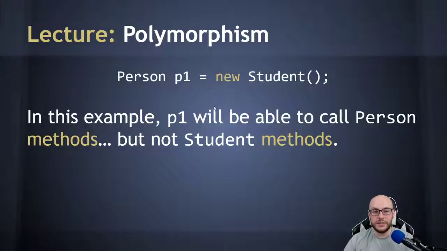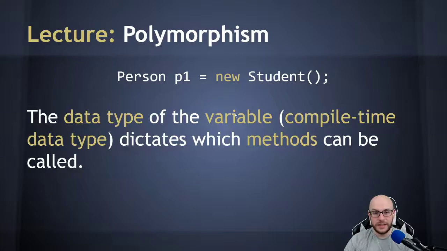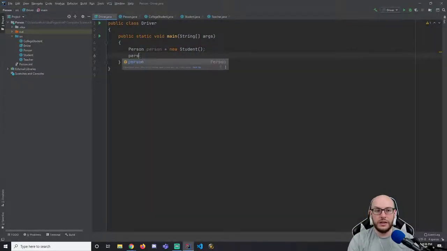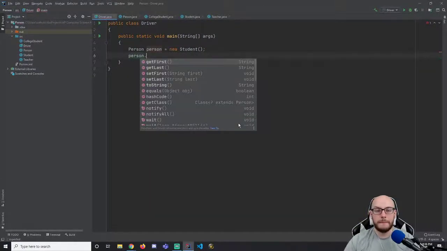What the slides are telling us is that the compile time data type of P1 is person. This tells you what methods can be called, all right? If I do P1 dot, take a look. We've got get first, get last, set last. There's a toString.